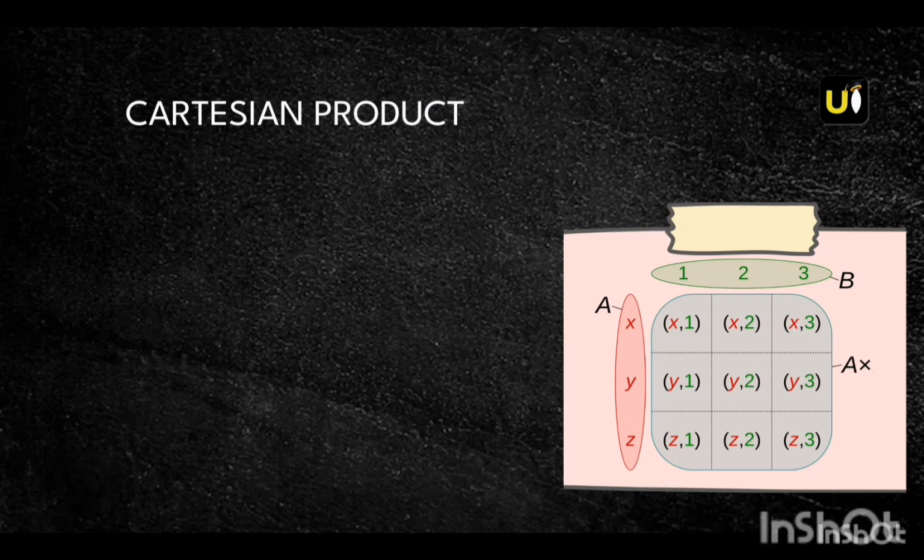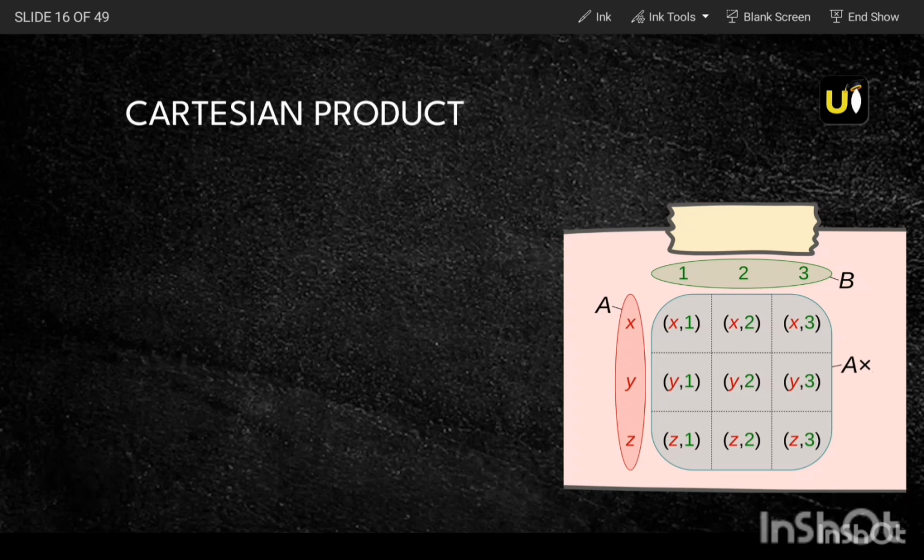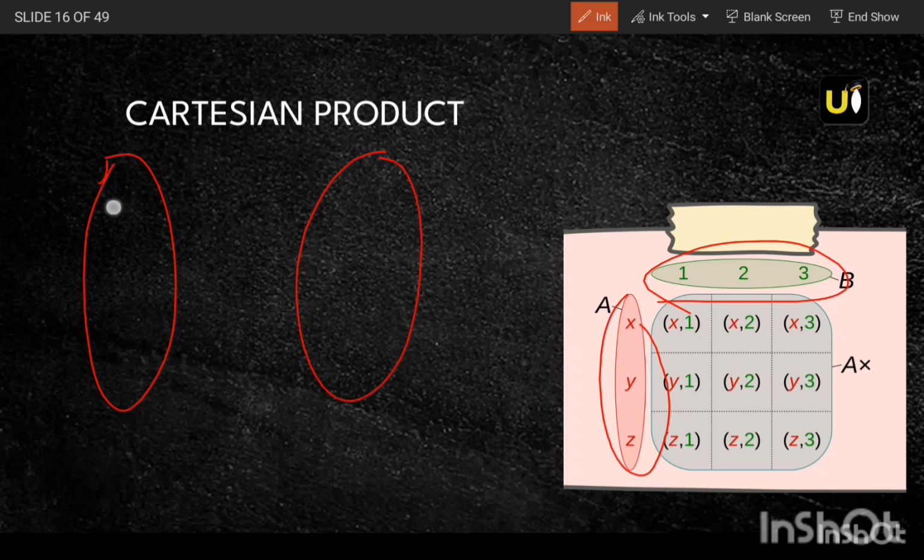Now coming to the Cartesian product, it will give you all possible relations for two given sets. Here we are given x, y, z and 1, 2, 3. So x can have a relation with 1, with 2 and with 3.